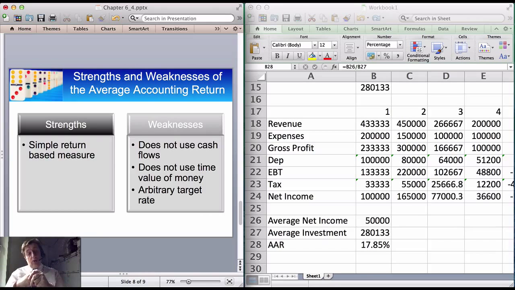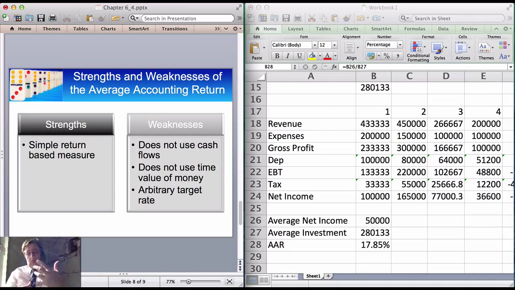The weaknesses are that the values you use are dependent upon the accounting adjustments you make. So how you calculate depreciation clearly has an impact on net income.